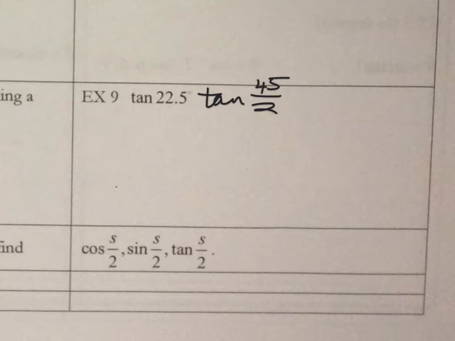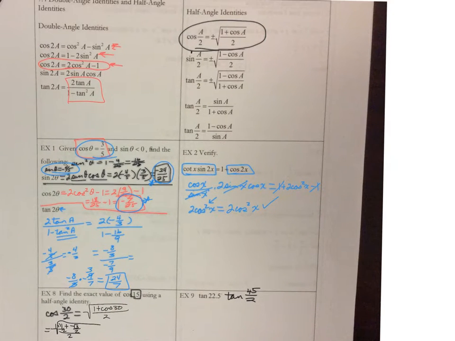Okay, so now we're going to apply this formula, 1 minus cosine A over sine A. Or we could apply sine A over 1 plus cosine A. Or we could apply the square root of 1 minus cosine A over 1 plus cosine A. We could use any of those. It doesn't really matter. The bottom one looks just as simple to me as any of them, so that's the one I'm going to use.